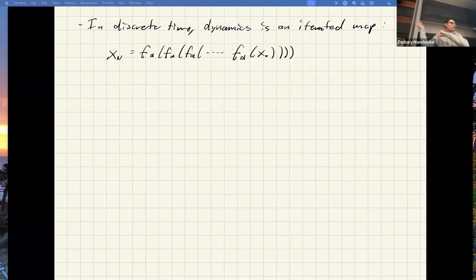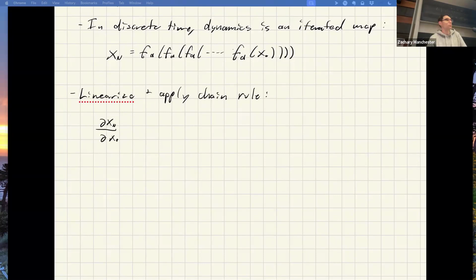If I have f of f and I linearize through that, it corresponds to A times A times A times A. So if I take the partial of x sub n with respect to x naught, that's what I'm after here.